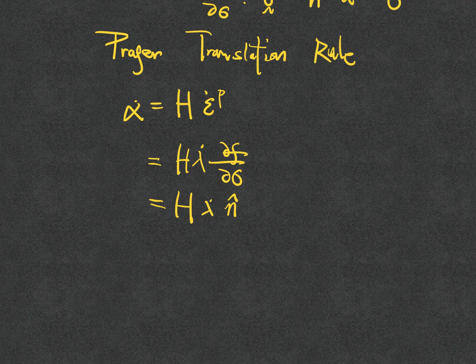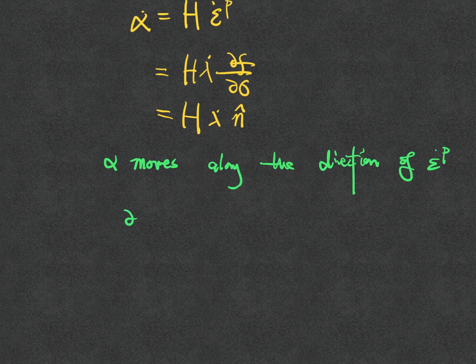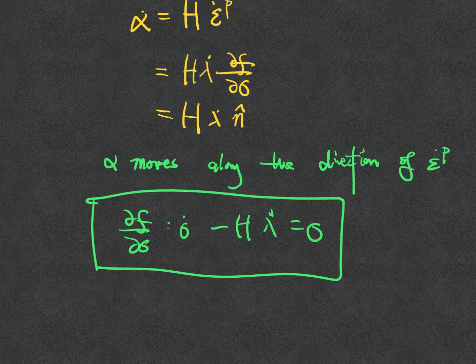So this looks really abstract, but what it means is that the back stress moves along the direction of epsilon dot p. And this is the change of the stress in the stress gradient term times dot minus h lambda dot equal to 0, which is identical between the isotropic hardening and the kinematic hardening.